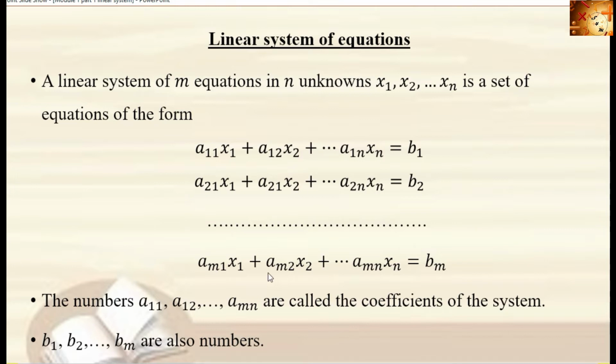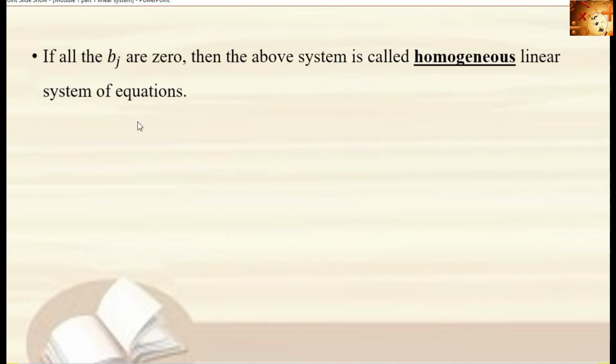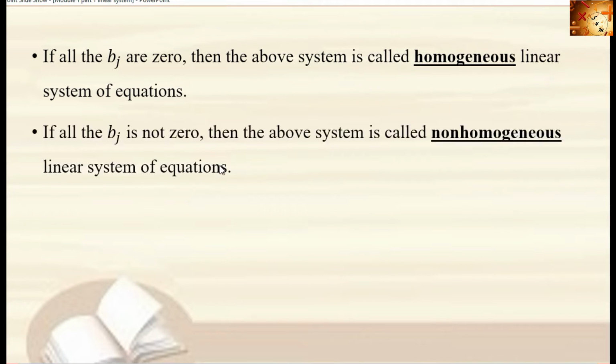So this is a linear system of m equations in n unknowns. If all the bj are 0, that is the numbers on the right hand side of the equation, then the above system is called a homogeneous linear system of equations. If all the bj are not 0, then the system is called a non-homogeneous linear system of equations.